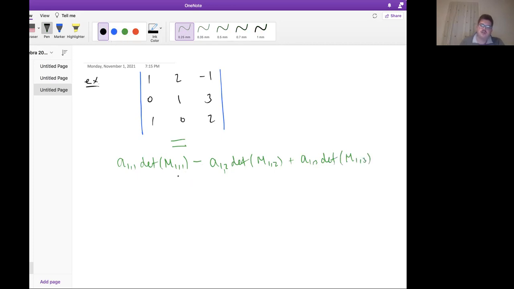Okay, so let's refresh how to do it. What's A11? Someone give me A11 and then someone give me the M11 matrix.